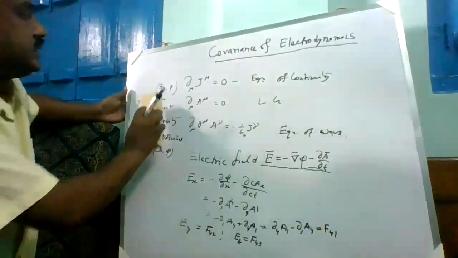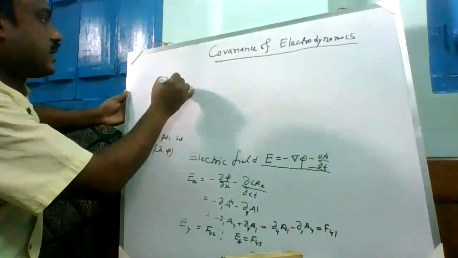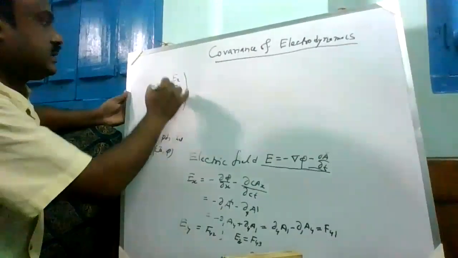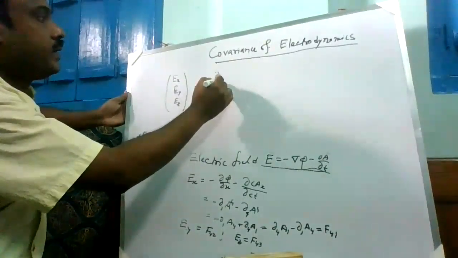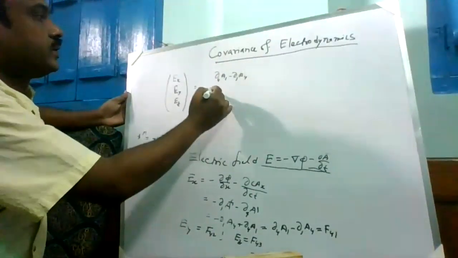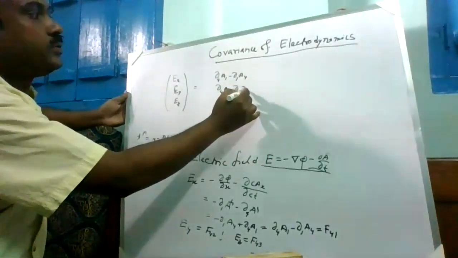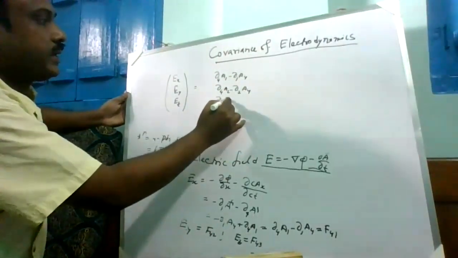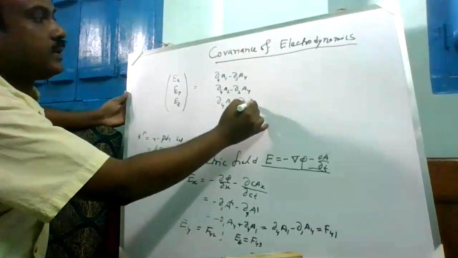If I write in matrix form, Ex, Ey, Ez can be written as del 4 A1 minus del 1 A4, del 4 A2 minus del 2 A4, del 4 A3 minus del 3 A4.